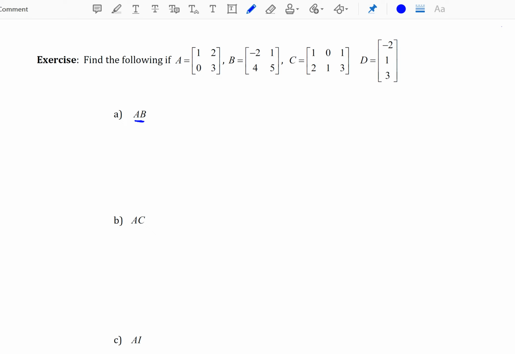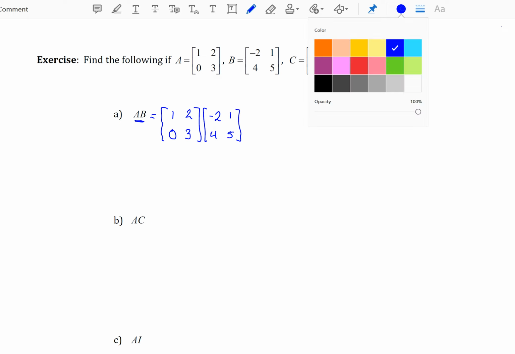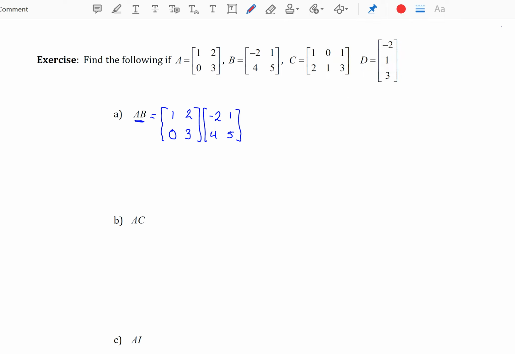Okay, I hope you looked at the product of matrices A and B. Let's see how we did. I'm going to rewrite the matrices here just so I can organize my work. So here you'd first like to identify that matrix A is a 2 by 2 matrix. Matrix B is a 2 by 2 matrix.